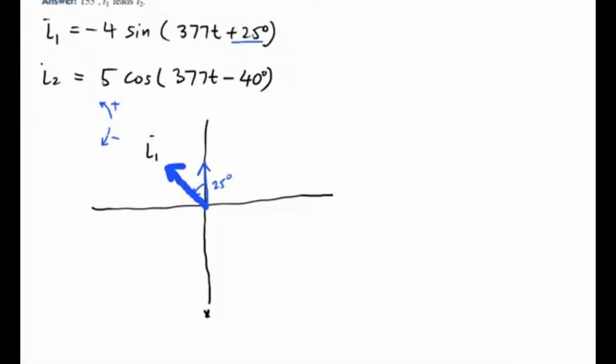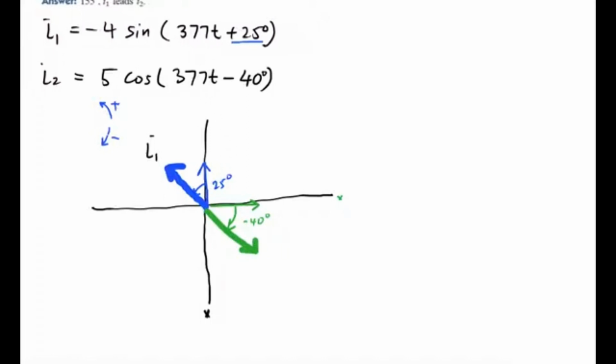Let's move to the other one, I2. I'll take another color, green, and this is a cosine signal. So cosine means this is your reference. Positive 5, meaning this way. Then the angle is negative 40. If negative, it has to go downwards. So negative 40, meaning the phasor, the vector, will be here.